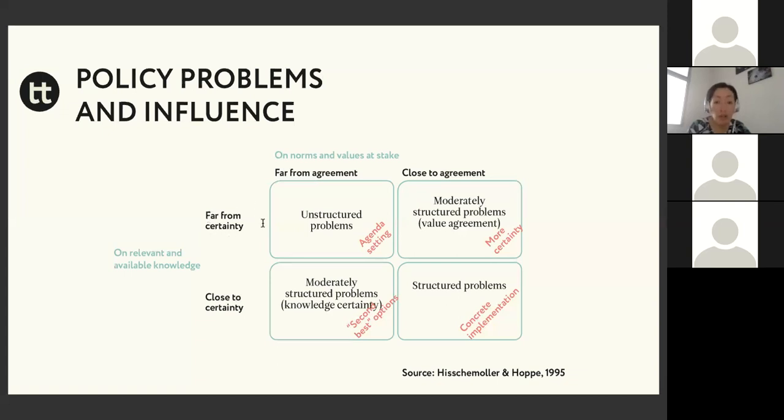One where we also don't have any agreement on knowledge, and then we are in very unstructured problems. But we can also have those where there is certain agreement on the knowledge available, and the problem is more moderately structured. I hope this answers your questions. I would try to always think separately the knowledge on these dimensions and only the political part on these dimensions on norms and values.